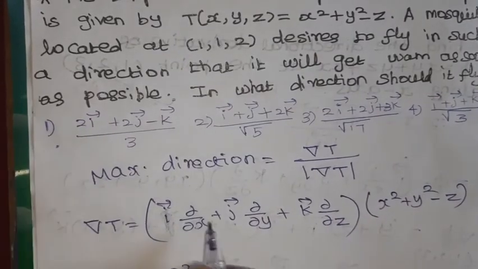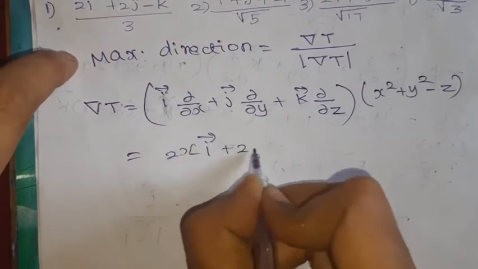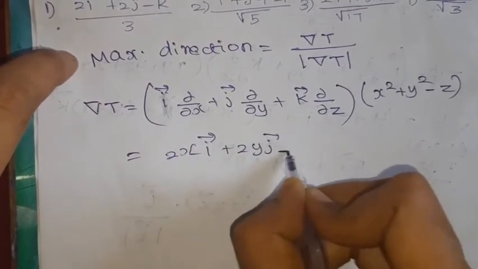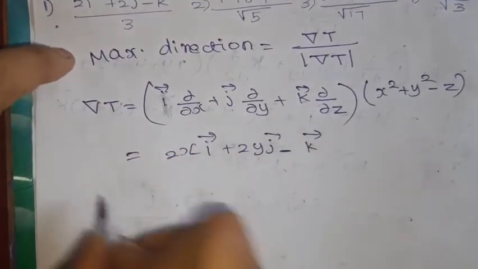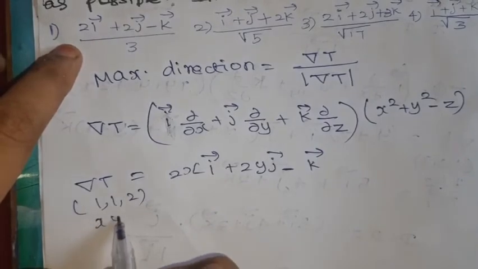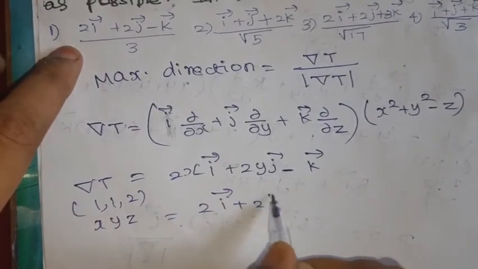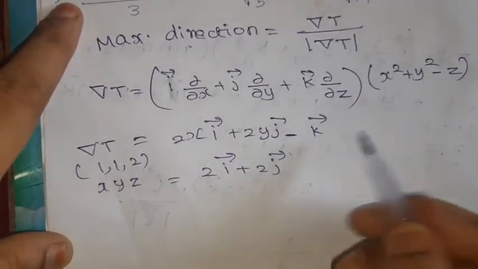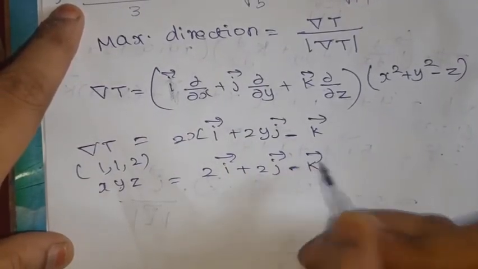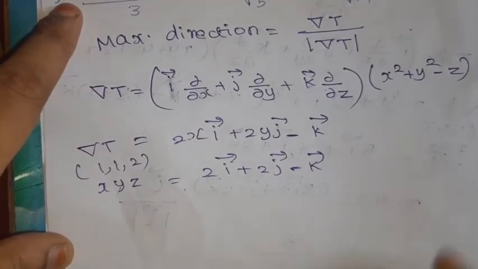So 2x i plus 2y j minus k. Okay. Then what is the point? 1, 1, 2. Just substitute x, y, z. So 2i plus 2j. There is no z term, so simply minus k. 2i plus 2j minus k. So this is the del T value.